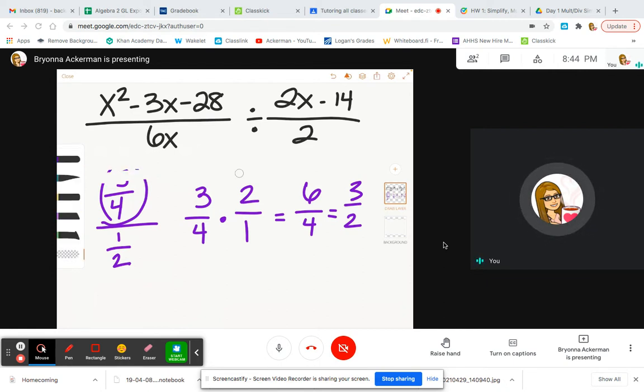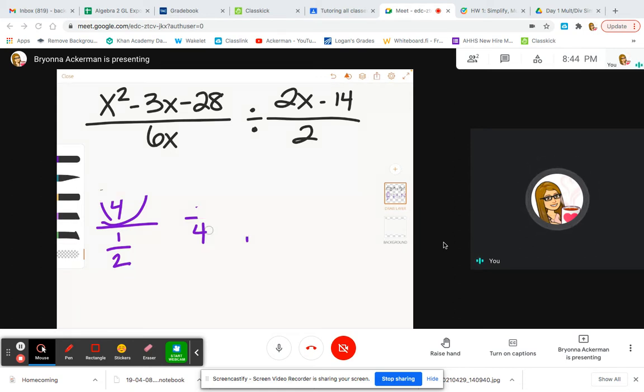The problem I have up above is from homework 1, and it's a division problem. We're going to keep that first fraction just the way it is. We're going to change from division to multiplication, and then we're going to take the reciprocal of the second and flip it.